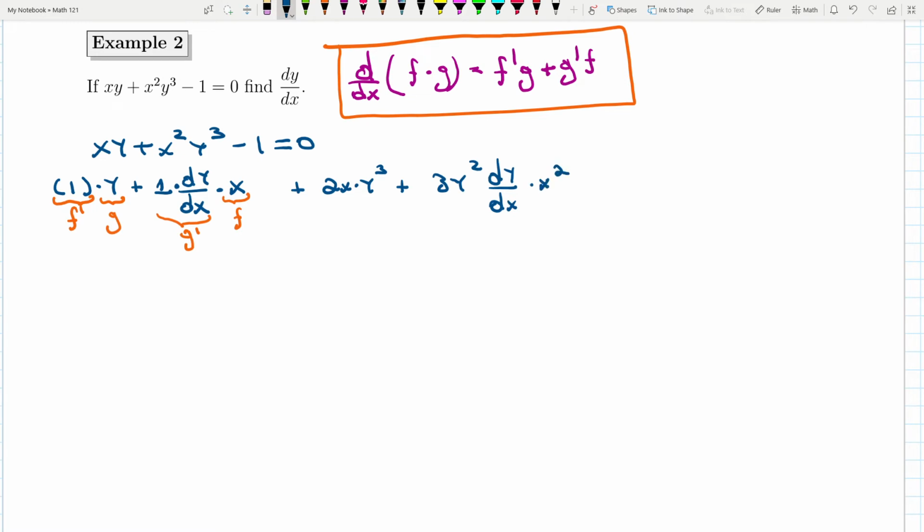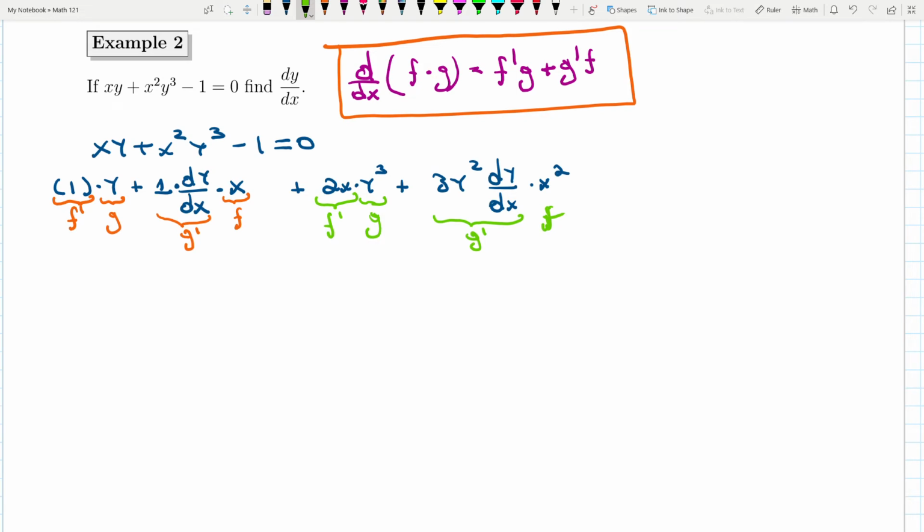Okay, again, what are we doing here? This is our f prime g. This is our g prime f.